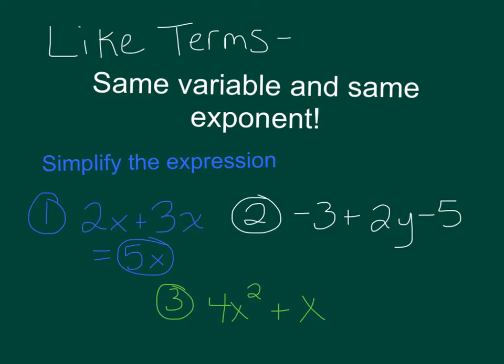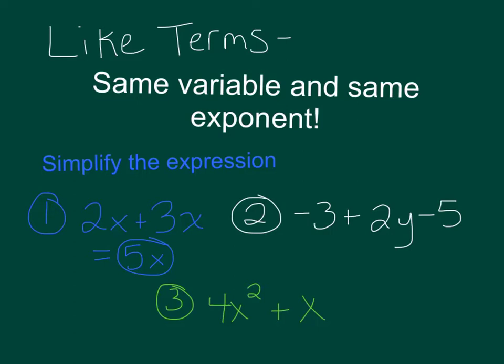Okay, number 2. So we have a negative 3 plus 2y minus 5. Okay, well, remember, we have to have the same variable and the same exponent. So when I say the same variable, that means a lack of a variable would be the same variable too. So negative 3 and 5 have a lack of a variable or no variable, so they're like terms.